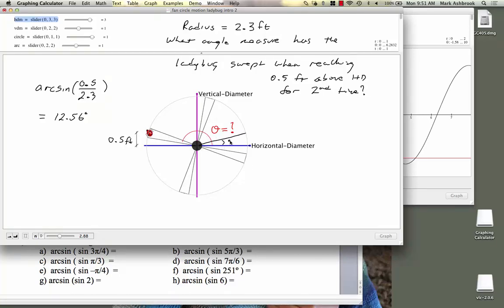So this angle right here is 12.56. You're going to subtract that from 180 to get the angle. Theta equals 180 minus 12.56, 167.44 degrees is this angle, the red one here. So when you use arc sine in your calculator, you have to know what's going on.